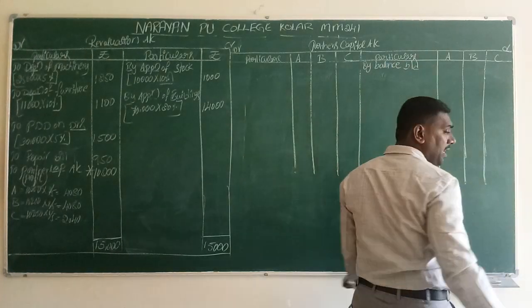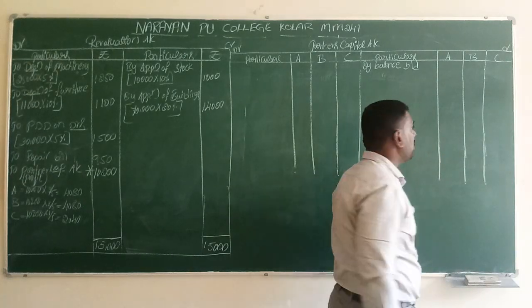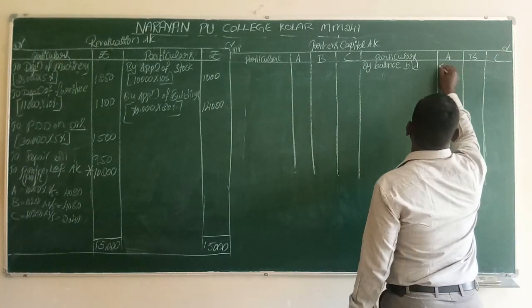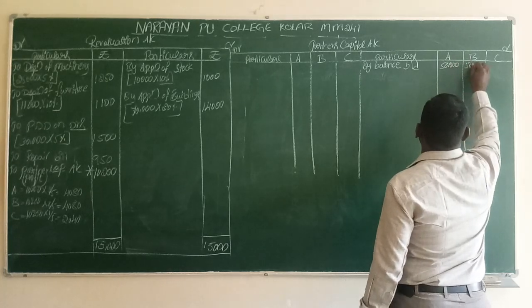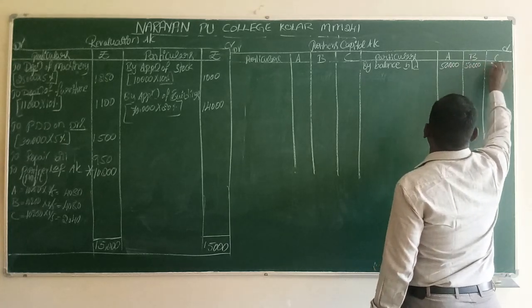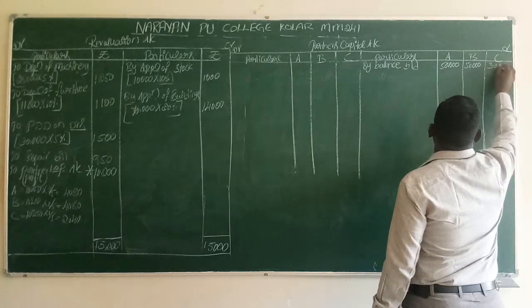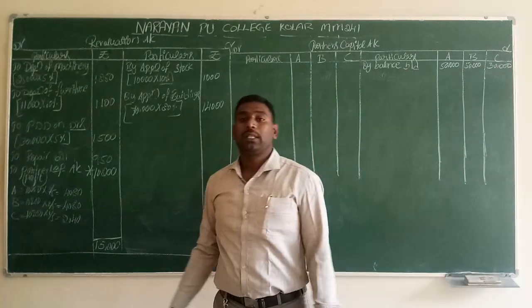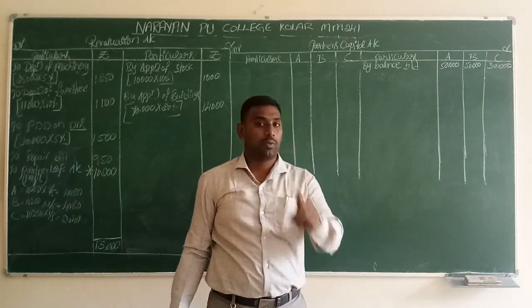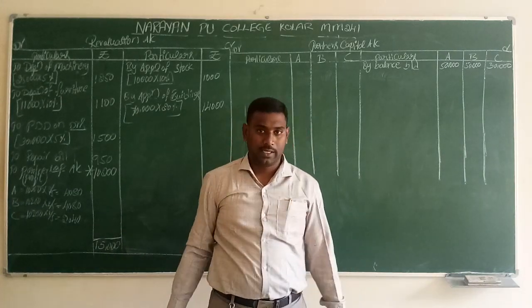The capitals available in our previous balance sheet are rupees 50,000 for partner A, 50,000 for partner B, and rupees 30,000 for partner C. These are the opening balances we transfer in step number 1.